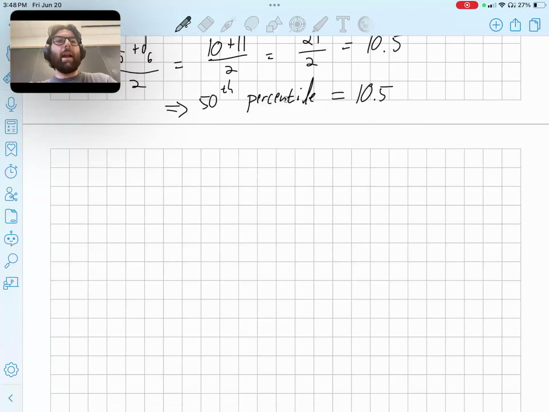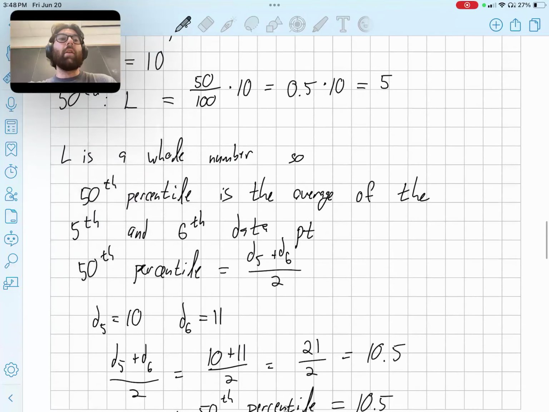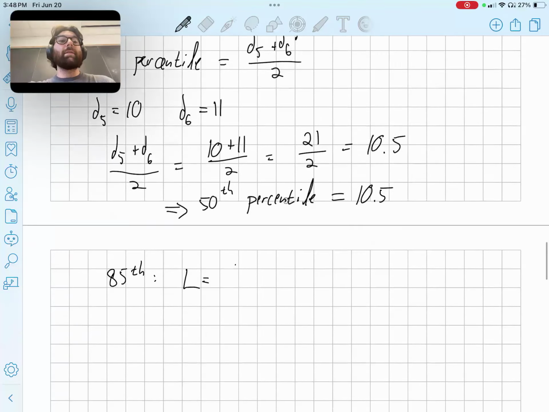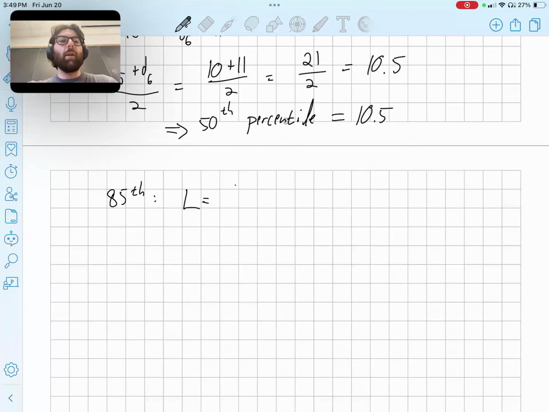Now let's find our 85th percentile. For our L, in this case, we find 85% of our N, 85% of our number of data points. We have 10 data points, N equals 10, just like before. So this is going to be 85 over 100 times 10. So it's 0.85 times 10, which is 8.5.